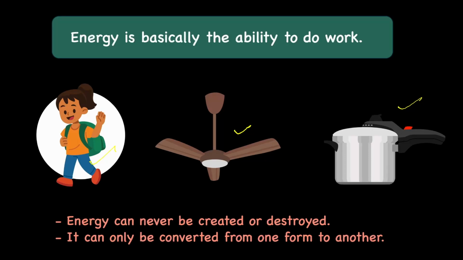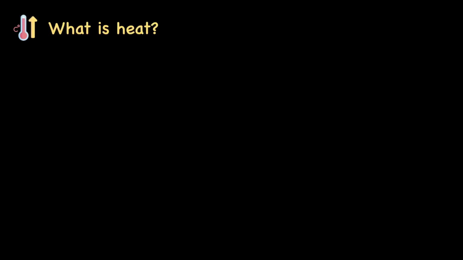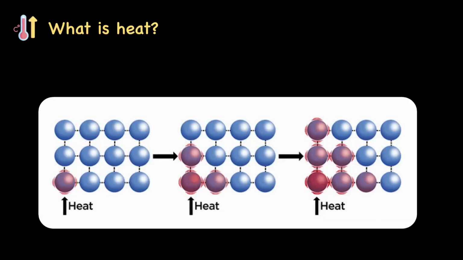Now, of course, there are different types of energy, but the one we're interested in is heat energy. So, what is heat? Now, of course, when you think of heat, you think of keeping warm or feeling warm, right? But it isn't just a feeling. You see, when the temperature of an object increases, it means that the particles that the object is made of start to vibrate or move in their position.